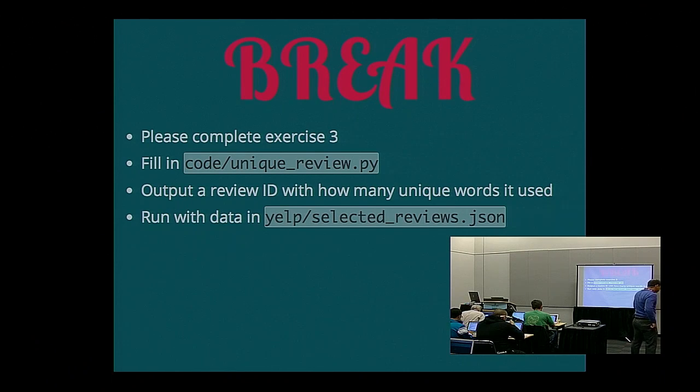The way MRJob works behind the scenes is it'll actually spawn off itself in order to run the map and then run the reduce step. And so if you have this in there, when it tries to run the reduce step, it'll start running this all over again. So it kind of recognizes where it is in the process. And so that's why we keep that in a separate file and then have that run separately.